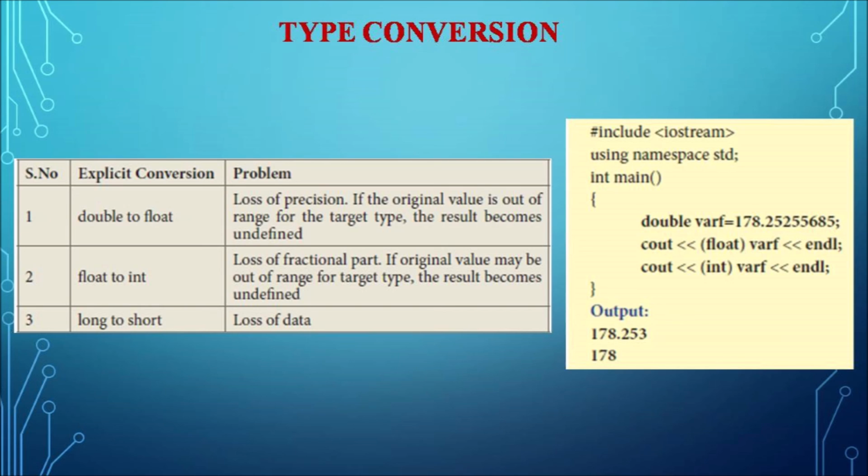So in case you want to convert, for example, a float value to an integer. In the previous example we have seen that float has more memory allocation, say for example 4 bytes, whereas integer has only 2 bytes. So the memory space allocation is reduced.